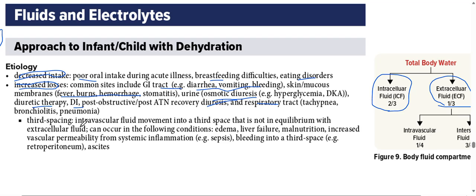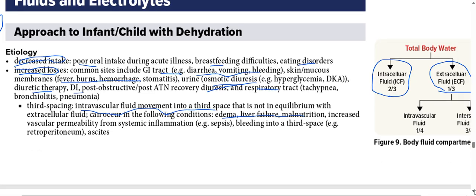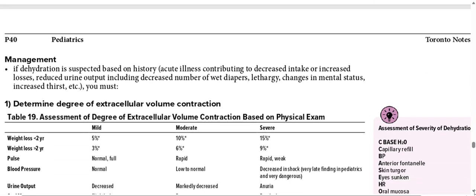So they say that intravascular fluid movement into a third space not in equilibrium with extracellular fluid can occur in edema, liver failure, malnutrition, increased vascular permeability, bleeding. So all these things can also lead to dehydration.